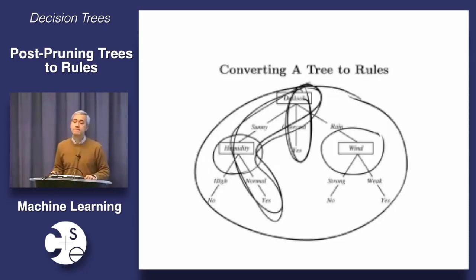Why? Might discover something like if the humidity is normal, the outlook doesn't matter. You get rid of noise? Yeah, keep going. Anything else? You also prune on attribute values instead of attributes.